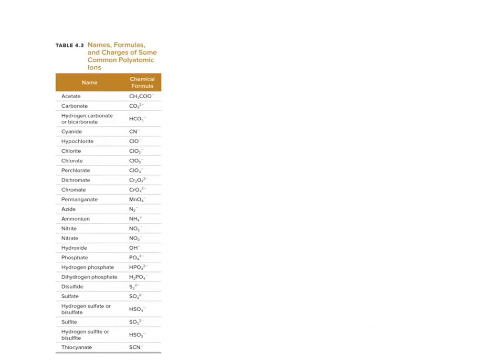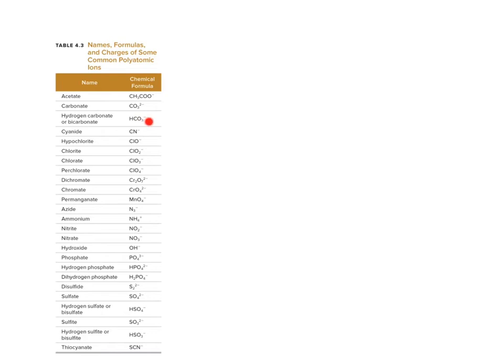In addition to anions of nonmetal atoms, we can also have polyatomic ions. Poly meaning many atoms. So here is a list of common polyatomic anions. Acetate has carbons, hydrogens, and oxygens. Carbonate has just carbon and 3 oxygens.